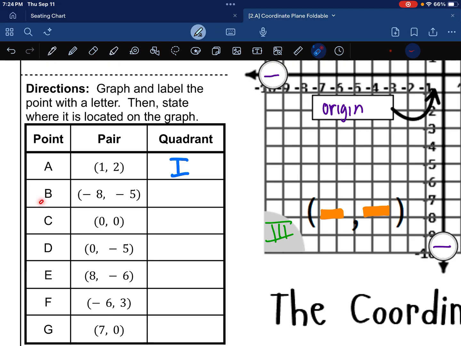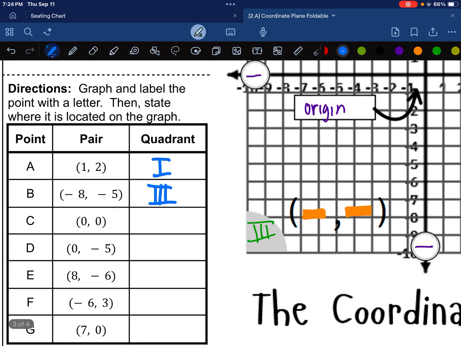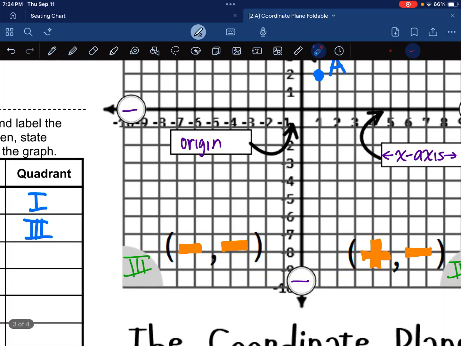All right, so looking at point B here, this negative 8 means that it would go to the left 8. This negative 5 means it would go down. So left and down gives me quadrant 3. So looking at the graph, I start at the origin, I come left 8, and I come down 5.